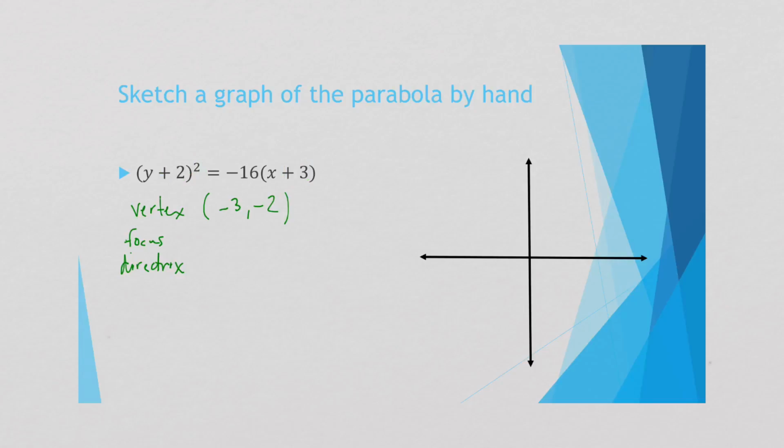Okay? Now, focus requires p. Well, 4p equals -16, which means p is -4. So that helps us with a couple of bits of information. First, because p is negative, it's going to open to the left. Next, I have my focus.